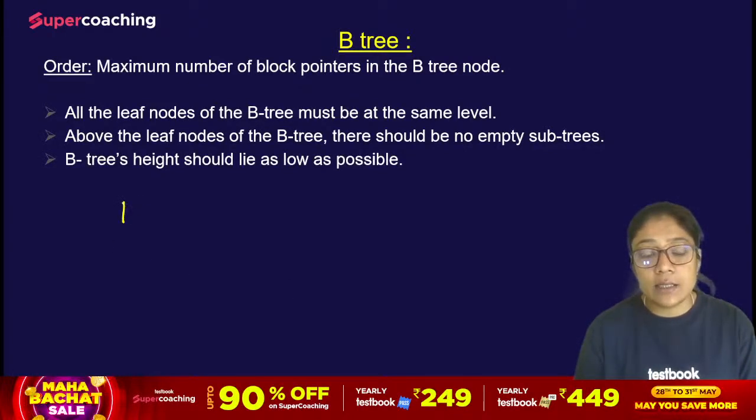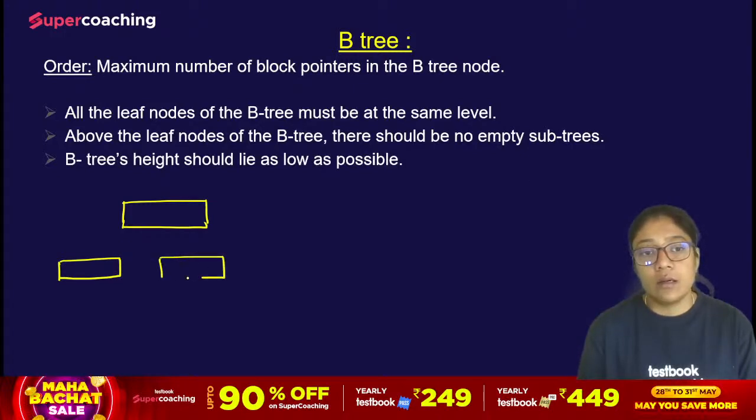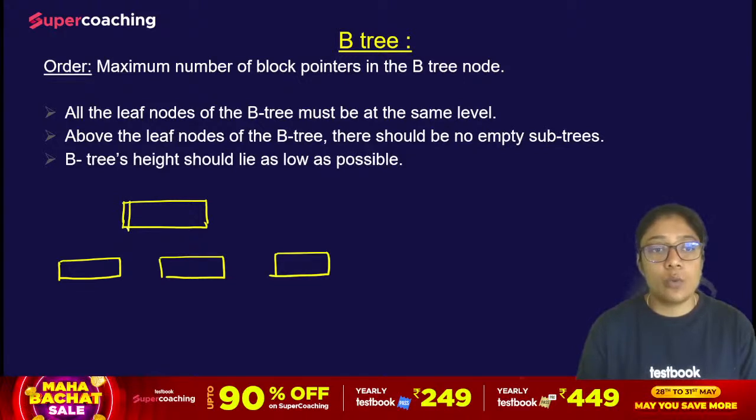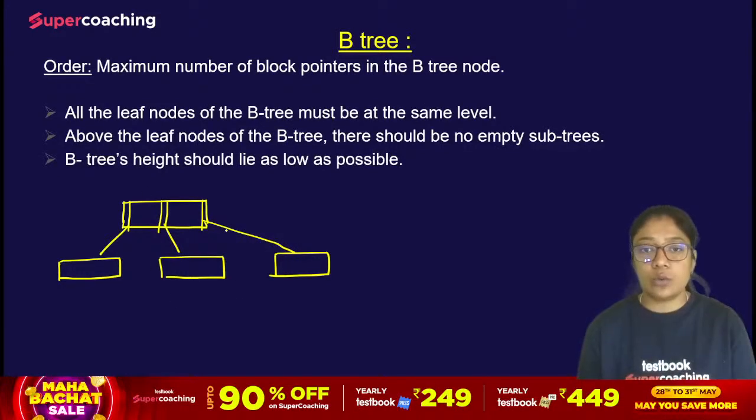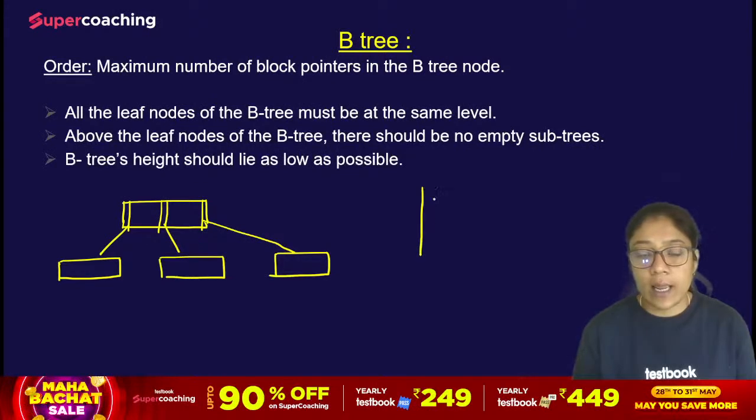What I'm saying is, if this is the case, this is the second level. Let me call this block 1. This is how we can see this. इसके आगे भी हो सकते हैं. So अगर मैं इसको rotate कर दूं, then this will look like this.